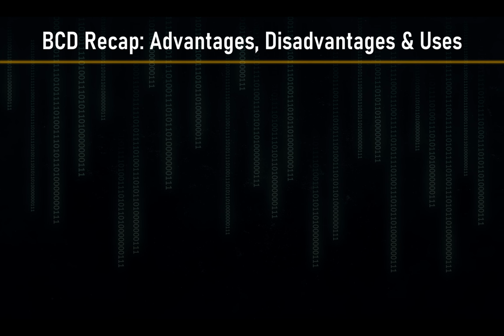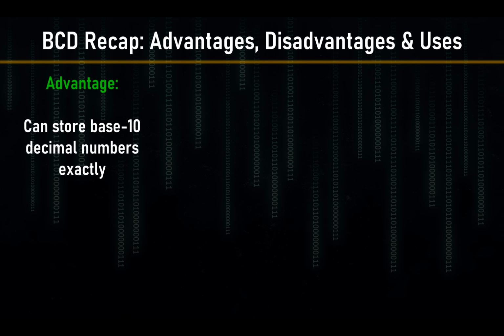Now if we look at the advantages, disadvantages, and uses, the advantage is that it means we can store base 10 decimal numbers exactly. This comes into the uses: we can use this for financial transactions, because you wouldn't want a situation where 0.1 plus 0.2 equals something like 0.30000 with a 4 at the end.